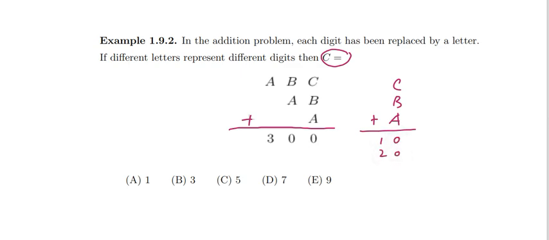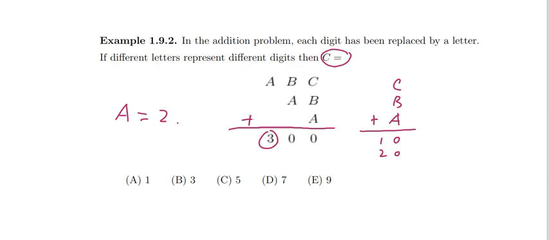It cannot be 30. It can be 10 or 20. And so this is okay. So b plus b, here this is 3. So A cannot be 3. A just equals 2. So we can put A equals 2.